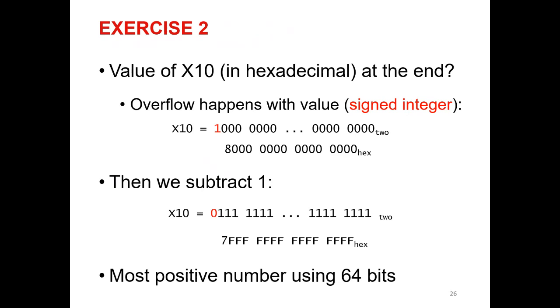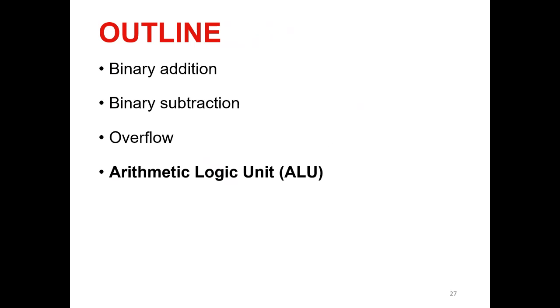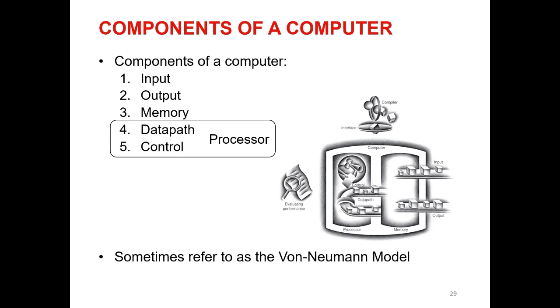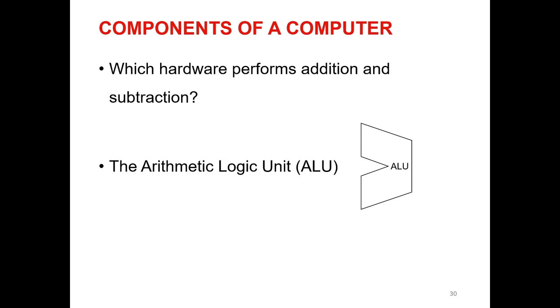Okay. So now what we are going to see is which component of the computer actually performs those operations. We have seen this computer architecture which we refer to as von Neumann, and what we use for performing those operations is what we call the arithmetic logic unit.